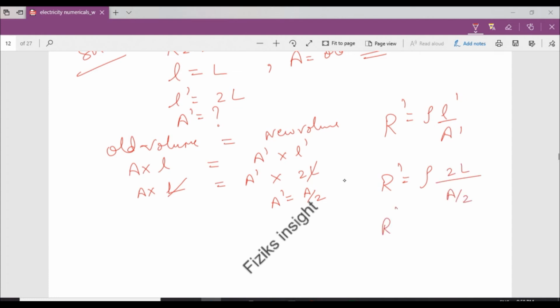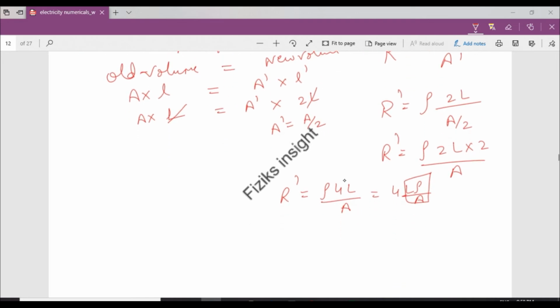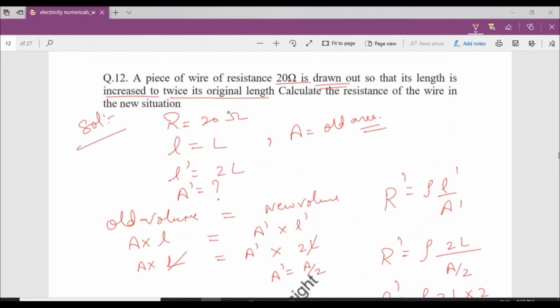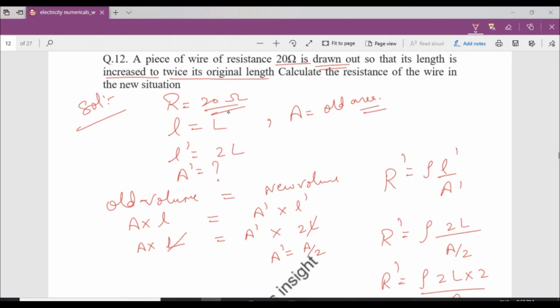So R dash will be rho 2L into 2 upon A, so R dash will be equal to rho 4L upon A, or you can say 4L rho upon A. So this rho L upon A becomes the old resistance. So R dash comes out to be 4 times the old resistance. The value of the old resistance, that is the initial resistance, is given to you as 20 ohms. So we will substitute it.